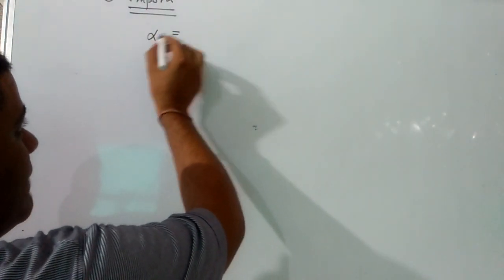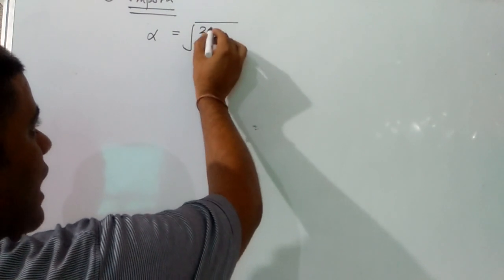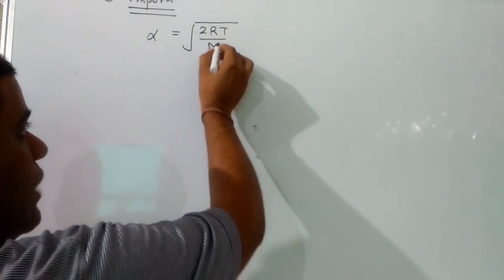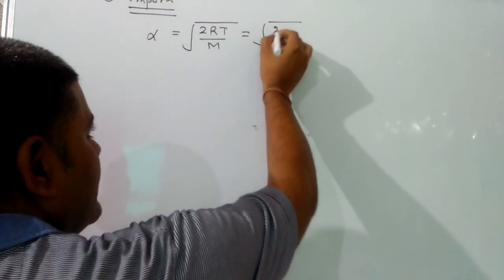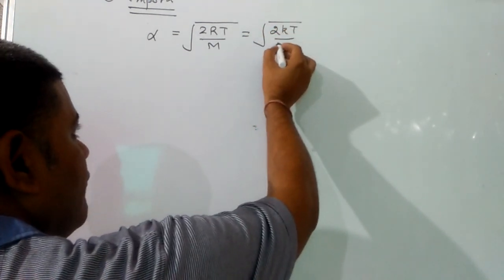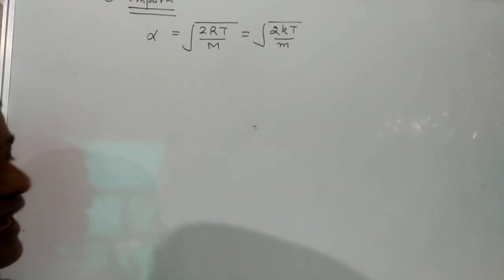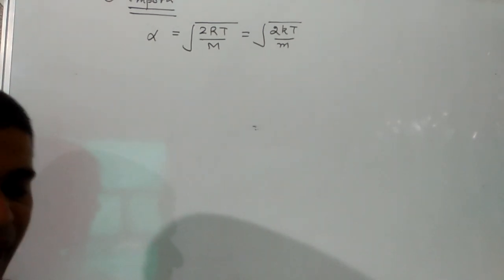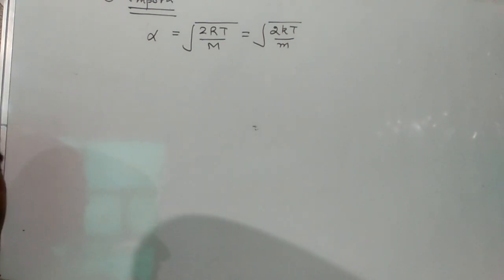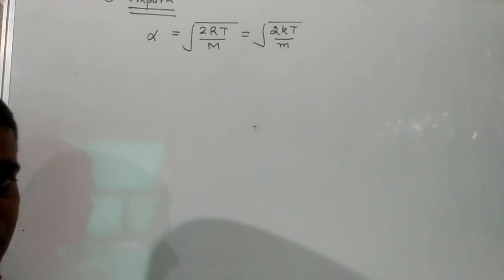Its value is alpha equal to root of 2RT upon M, or root of 2kT by small m, where R is the universal gas constant, T is the temperature in Kelvin, M is the molecular mass of the gas, k is the Boltzmann constant, and small m is the mass of each molecule of the gas.